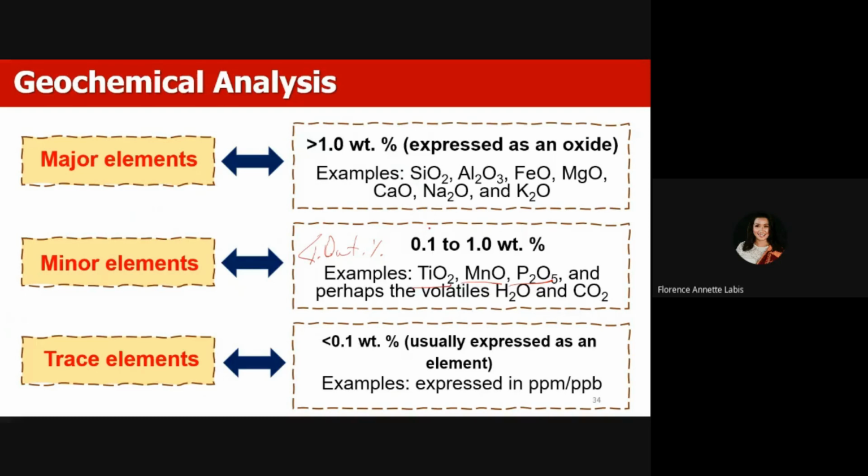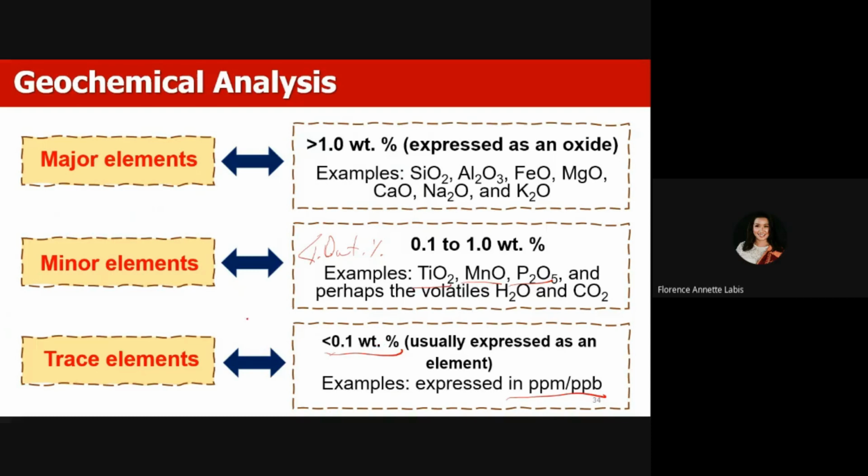For example, basalt has at least 40% of silica. Meaning one of the major elements of basalt is silica, or SiO2. And trace elements are usually less than 0.1 weight percent, expressed as an element or in ppm or ppb.